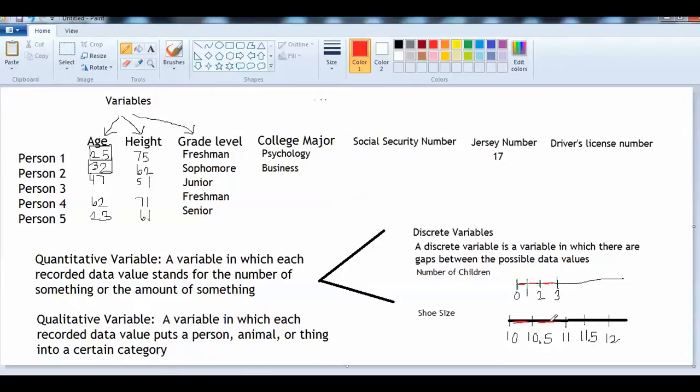For example, a person will never have a shoe size, at least that I know of, of 10.7 or 10.3, because they don't make shoes with those sizes. So these green points are where the possible data values are.